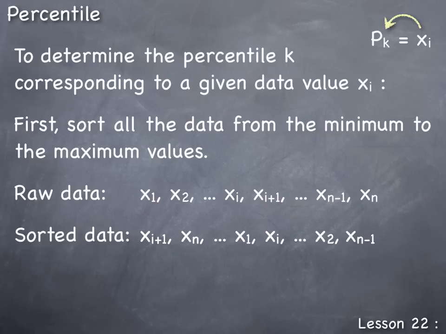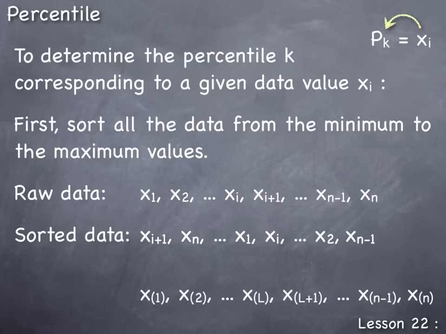So let's say we do that, and we'll get this result. Because every random sample is different, the ordering of the particular data values in the sorted list will also be different. So we use a different notation to indicate data that's been listed in sorted order, that is, from minimum to maximum. The notation is to use parentheses in our subscripts.